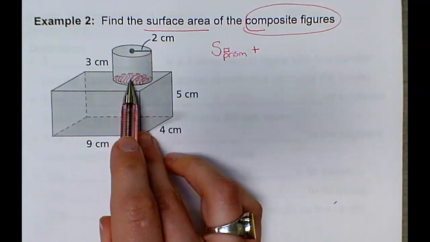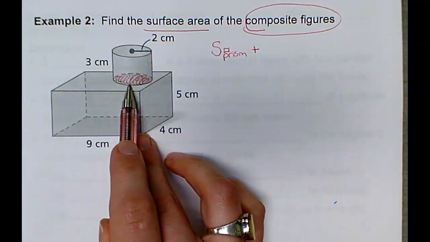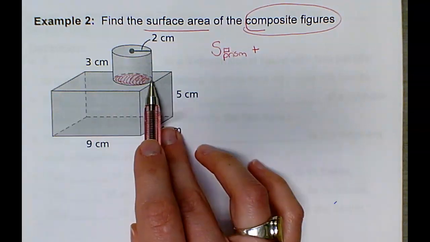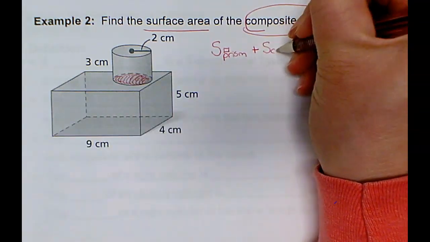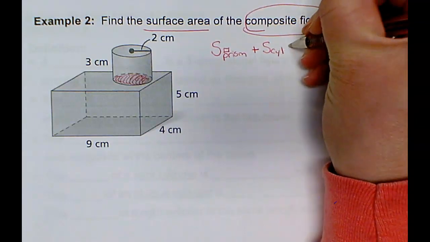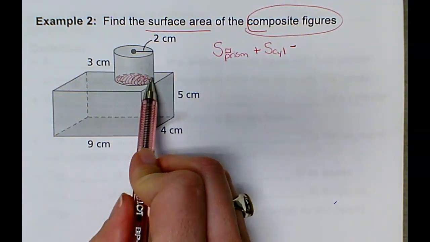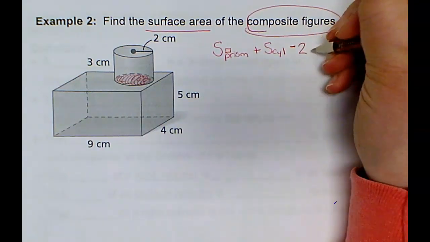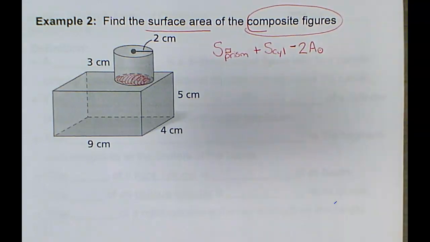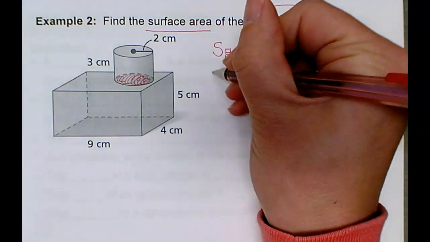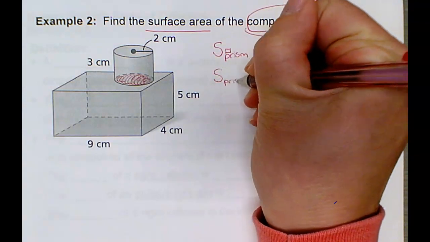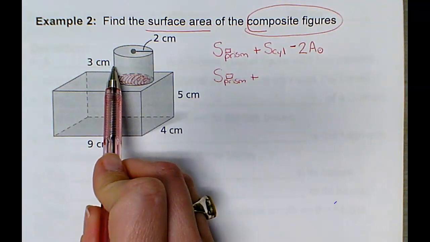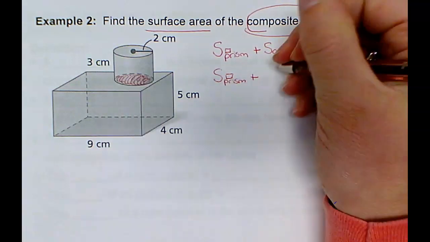So it's overlapping right here, and I don't want either circle. So you can either take the surface area of the rectangular prism and add to it the surface area of the cylinder, and then subtract out the circle at the bottom of the cylinder and the circle at the top of the box. So 2 areas of the circle. That would be acceptable. You could also take the surface area of the prism and add to it just the lateral area of the cylinder.